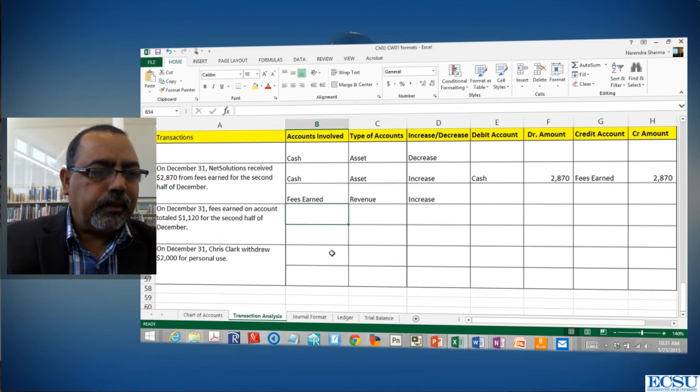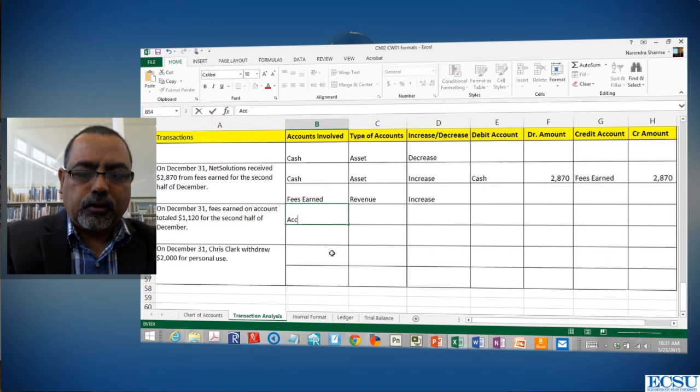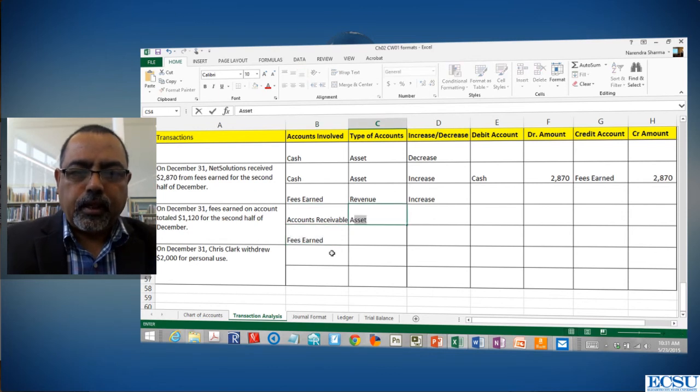December 31st, fees earned on account total 1,120 for the second half of December. Okay, so are we receiving cash? No, they don't say. We have just earned. So therefore, we'll be using accounts receivable and fees earned. Accounts receivable is an asset. It is increasing. Fees earned is a revenue.